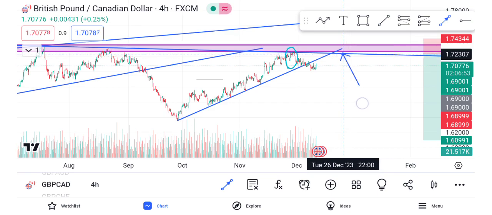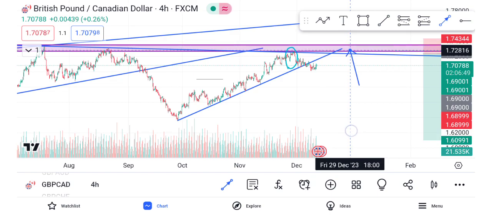So when the price retests back to this resistance level, we are going to take our sell entry with this risk reward I've drawn here. When the price gets to this resistance level, we look for a bearish rejection candle on our 4 hour time frame.